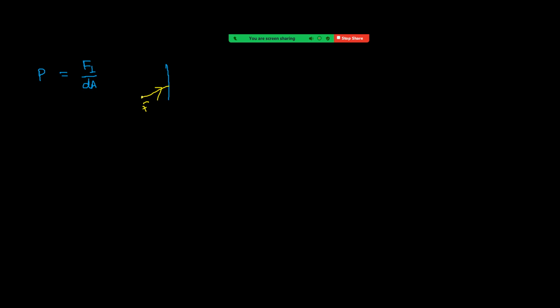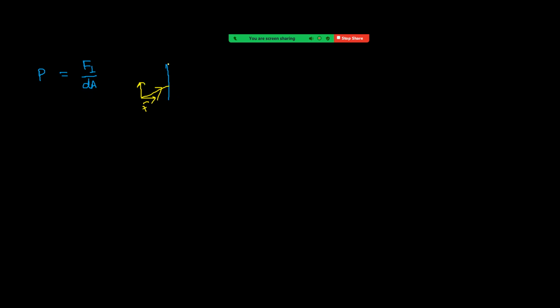One is normal to the area and one is parallel to the area. So pressure is because of this normal component. That's what it is, the normal component upon the area.